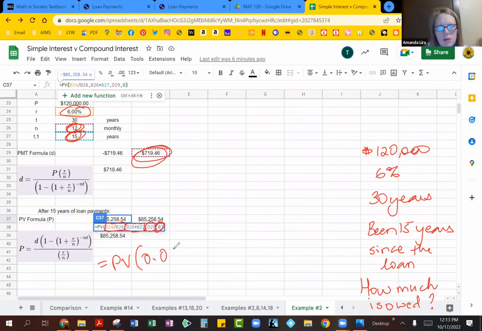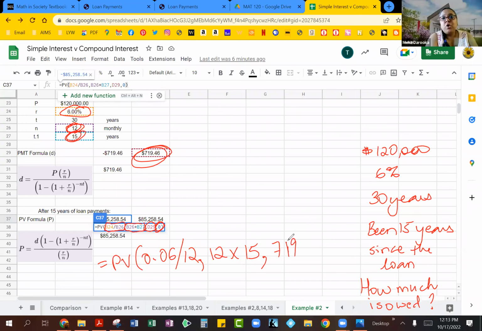I think I'm confused about why, because if I change the formula to 15 years, then it changes the payment amount. No, you're not changing. Sorry, go ahead. Because I used the cell references.